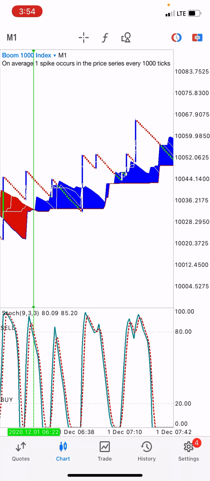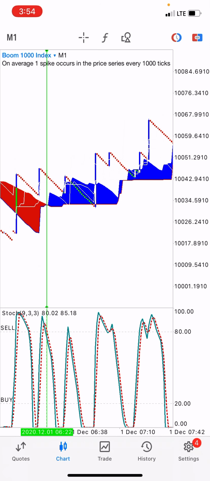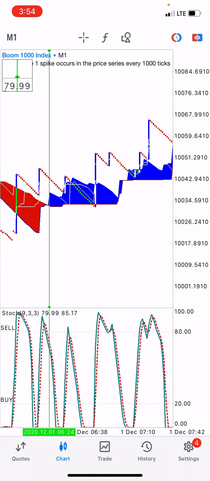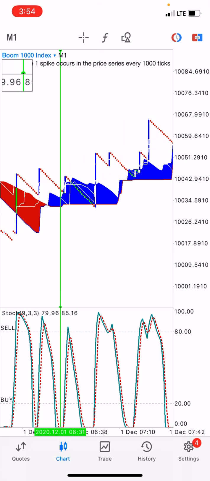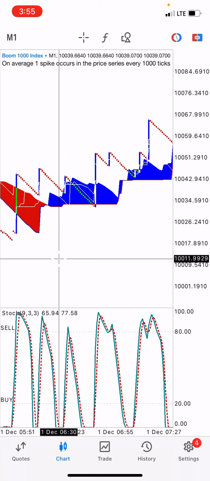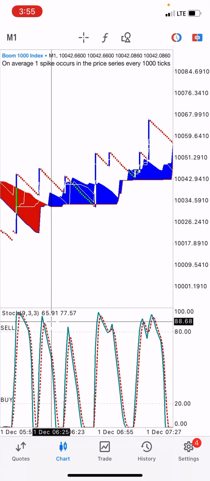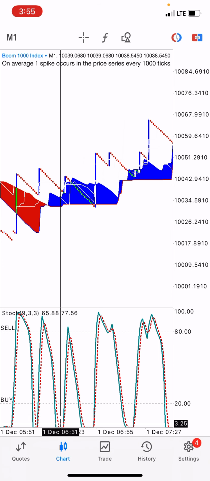So we use the stochastic to take entries. The Ichimoku turned blue right here, so you use the stochastic to take entries. Immediately the stochastic gets to the 20 level, you take your buy. Just like here, you take your buy right here.